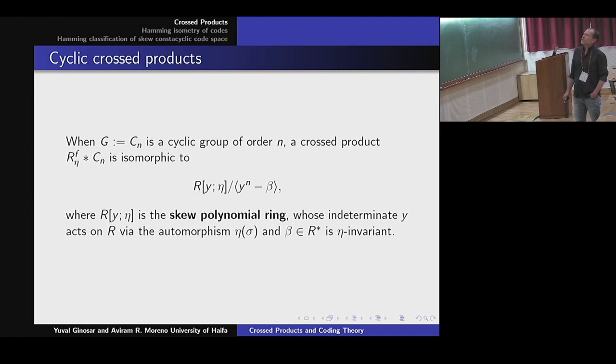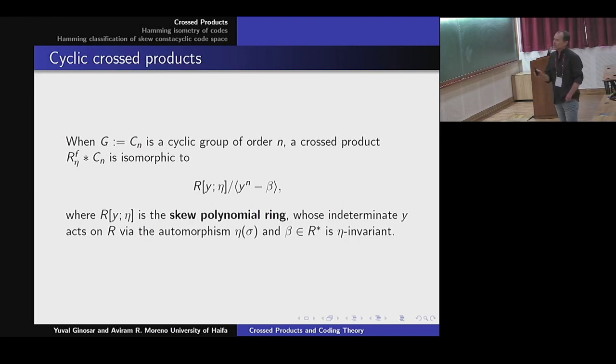When the group is cyclic, let's concentrate for a moment on cyclic cross products. When G is a cyclic group of order n, a cross product R eta F star Cn is isomorphic to a quotient of the skew polynomial ring.